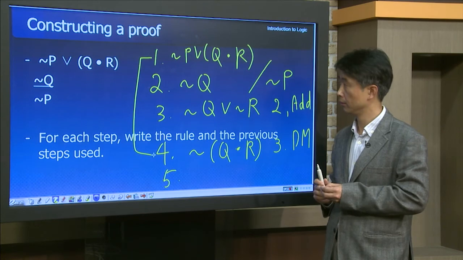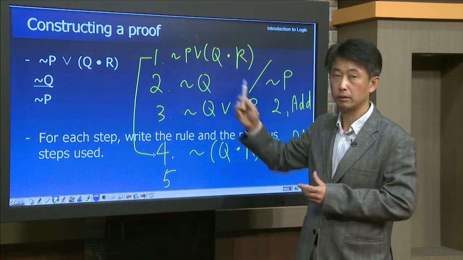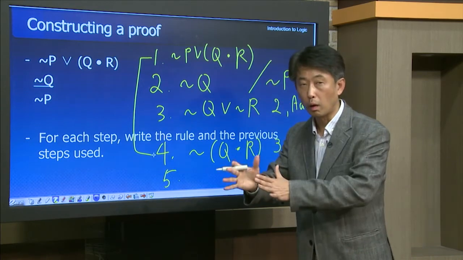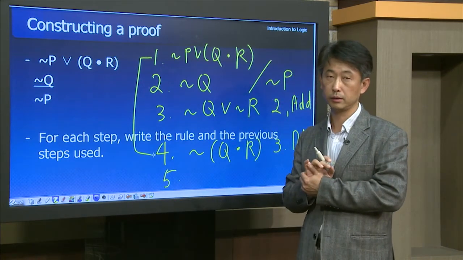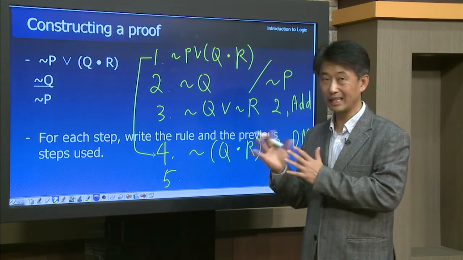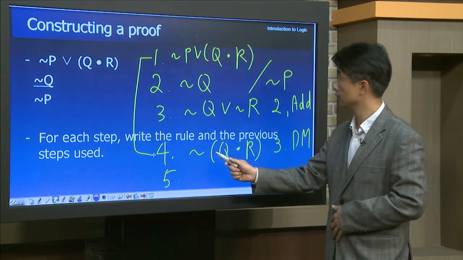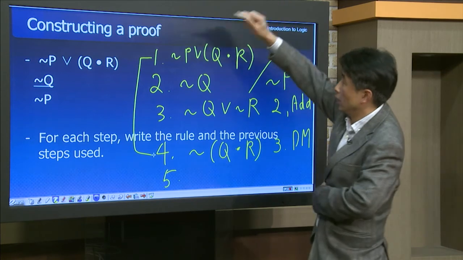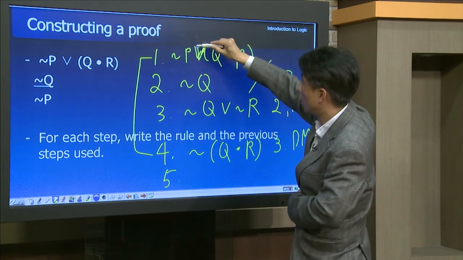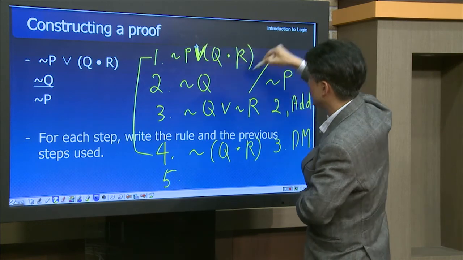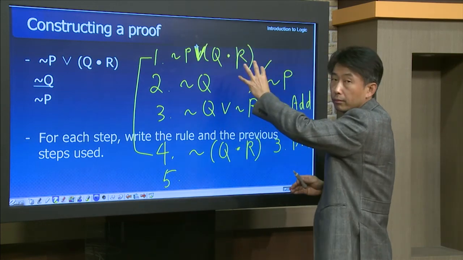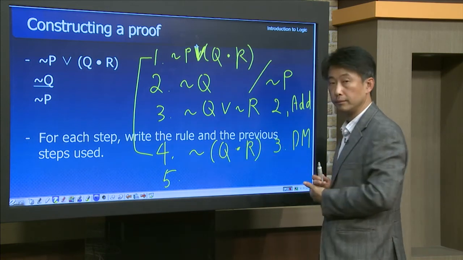Number 1 is what? Basically, a disjunction statement, something or another. Number 4 says one of them is not the case, one of them is not true.